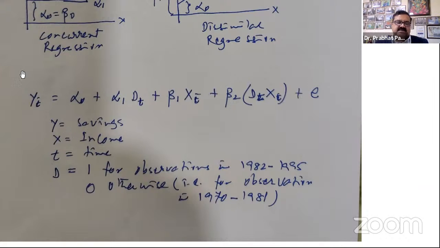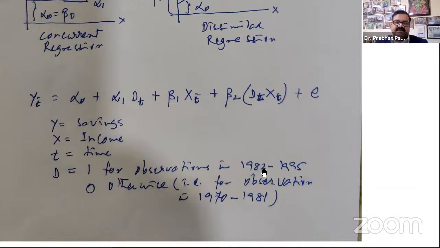So in our case, y represents savings, x represents income, t represents time, and the dummy created is 1 for observations in 1982 to 1995 and 0 otherwise. That means 0 for the observations in 1970 to 1981. So the whole period is divided into two parts, 1970 to 1981 and 82 to 95.